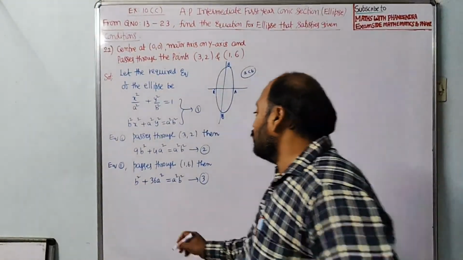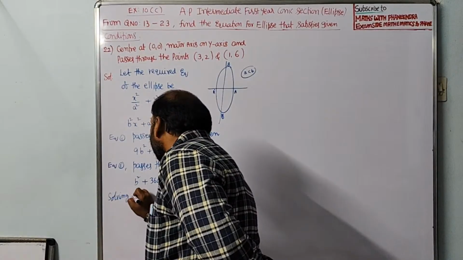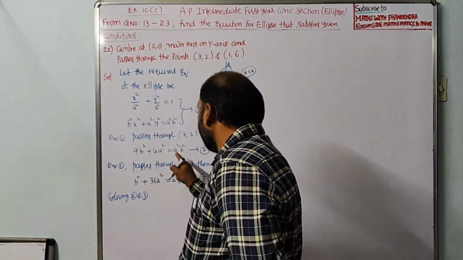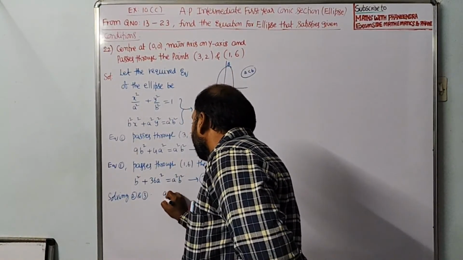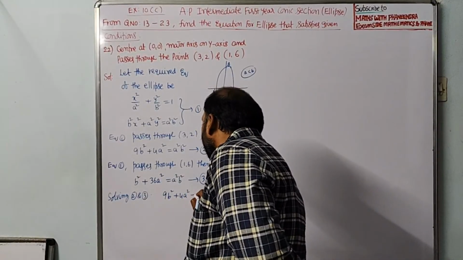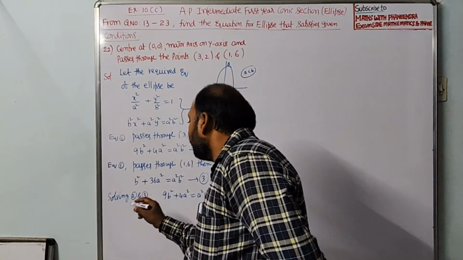Solving 2 and 3. The second equation we are writing as it is, 9b square plus 4a square is equal to a square b square.